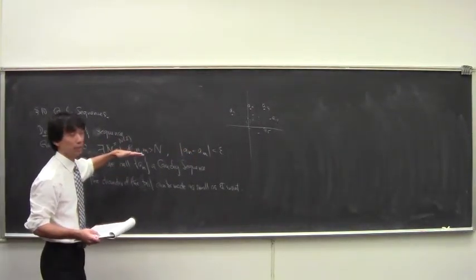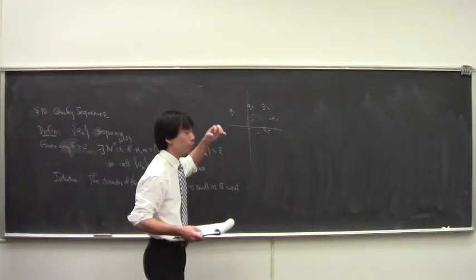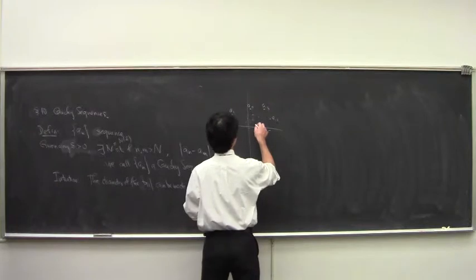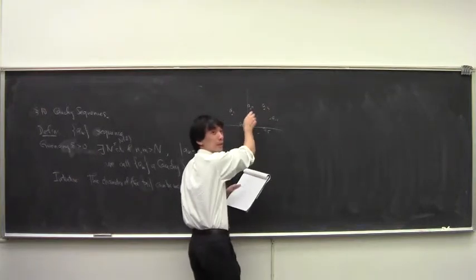If somebody gives you an epsilon, like epsilon is 1, you can say, well, past some point, everybody is within 1 of each other.